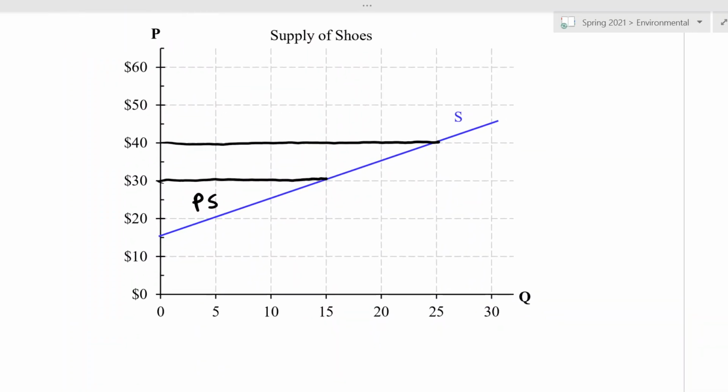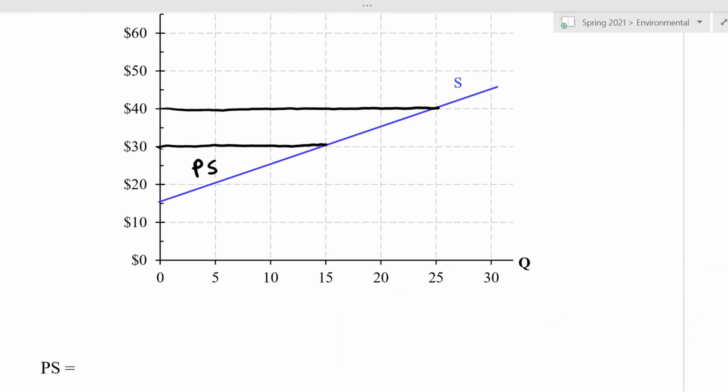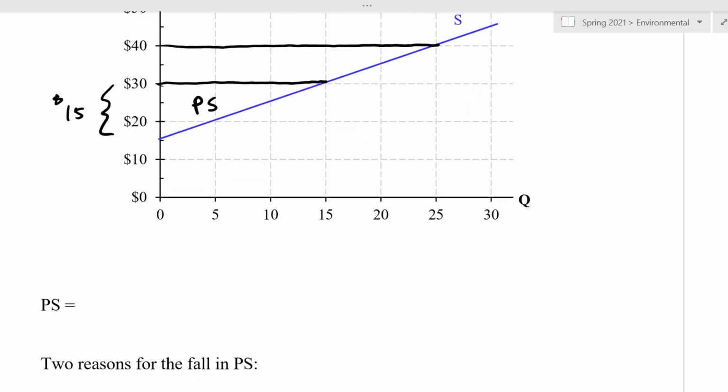Let's calculate this really quickly. For the new area, we have a 15 by 15 triangle. So half of 15 by 15 is $112.50.